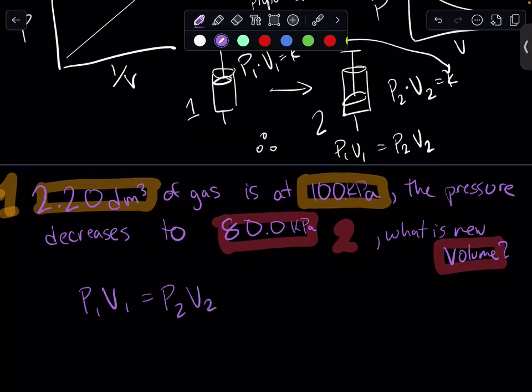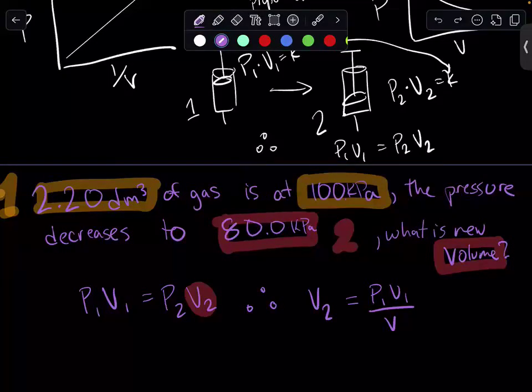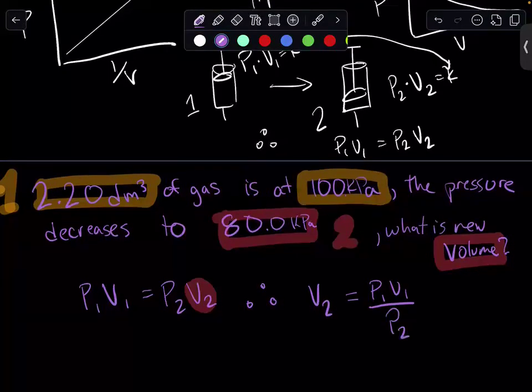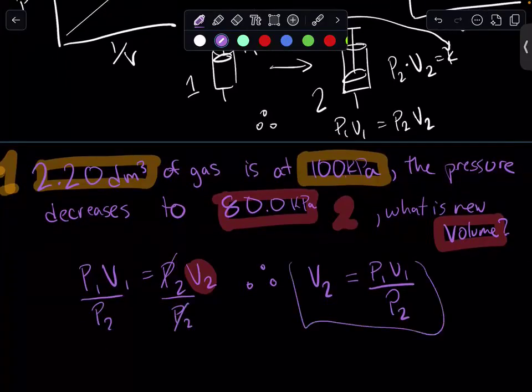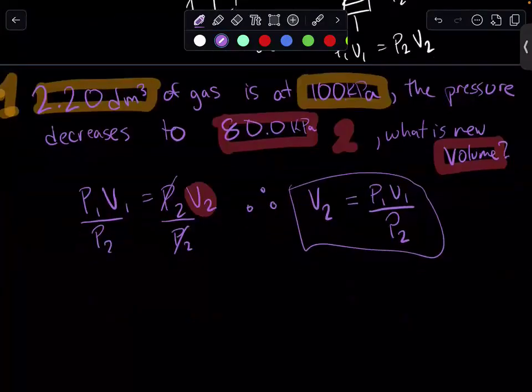I'm going to plug in my values, but before I do, I know I'm looking for specifically this volume. So what I'm going to try and do first is rearrange. I will rearrange volume 2 to be equal to P1 V1 divided by, not V2, sorry, P2. What I'm doing is dividing P2 on both sides.